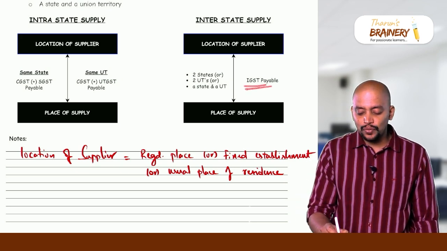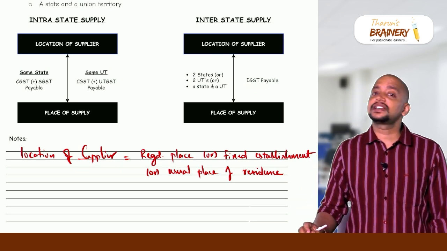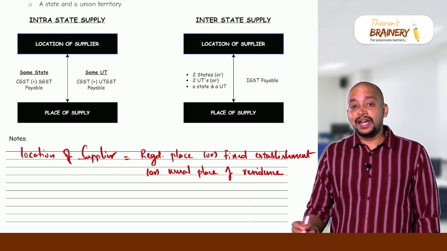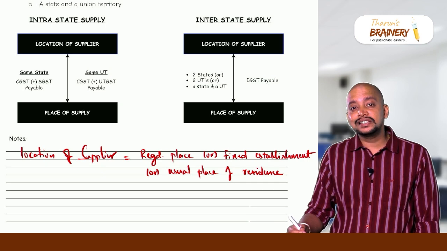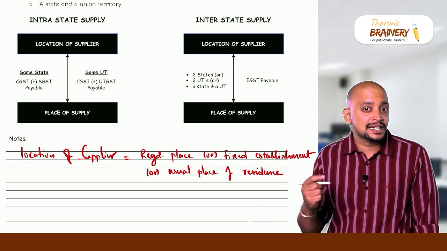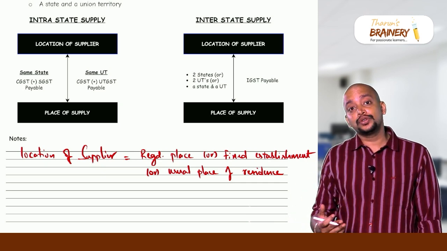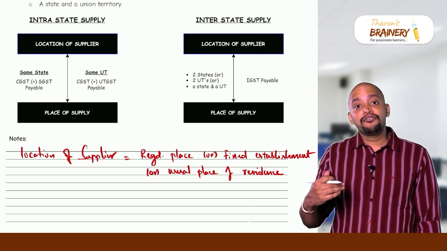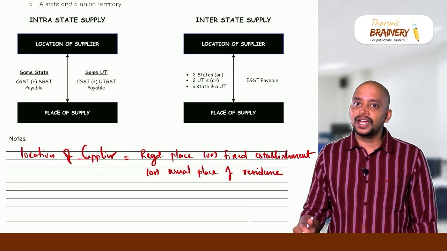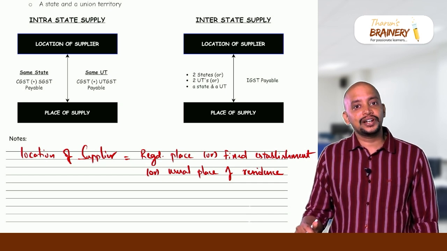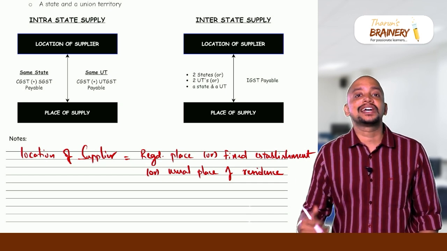But here there is only one GST that is collected by central government. But India is following a dual tax model, which means this IGST cannot be completely retained by the central government. Then what do they need to do? They need to share 50% with the consuming state. So 50% they cannot retain, 50% they need to share with another state.